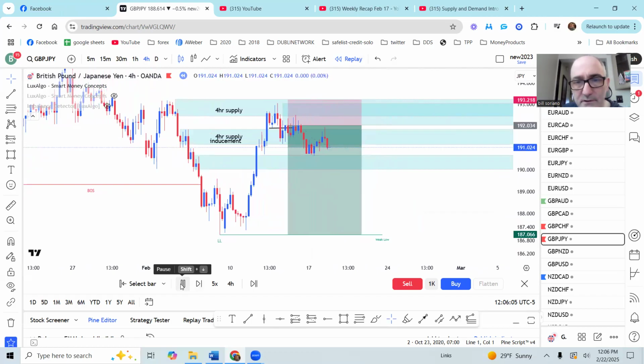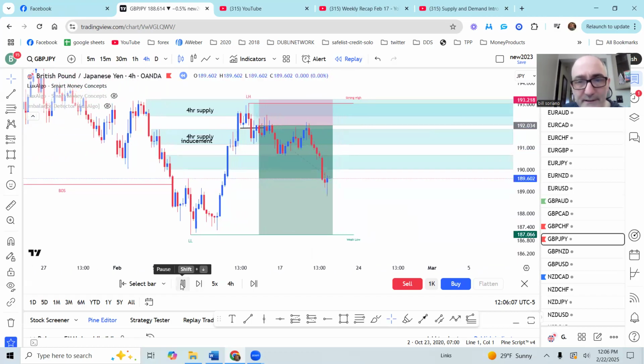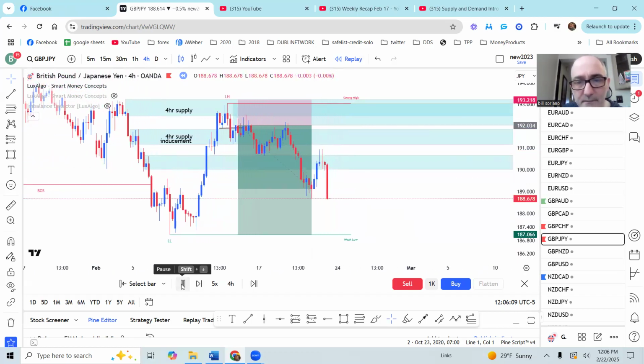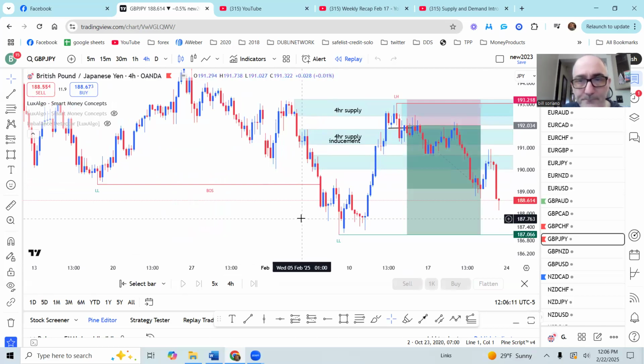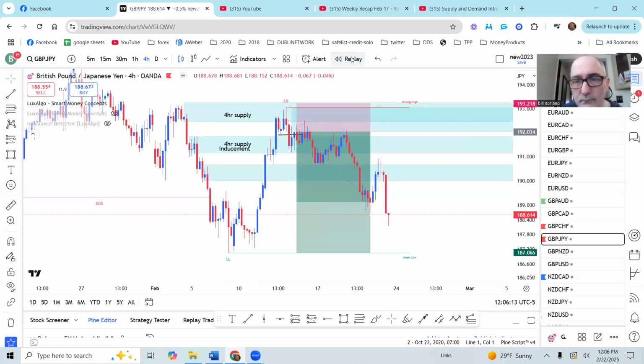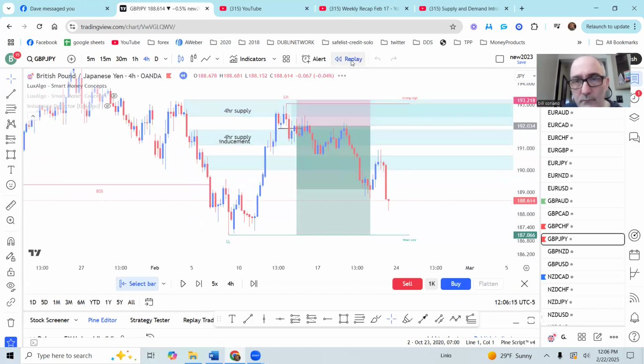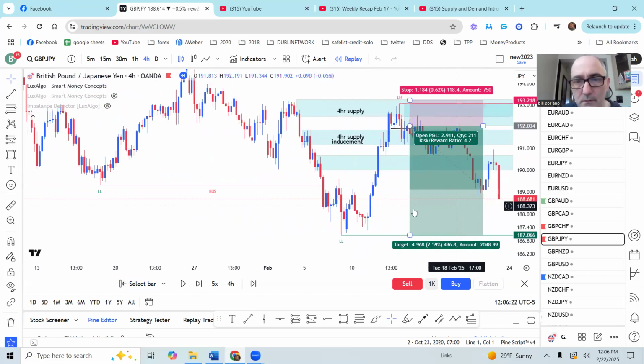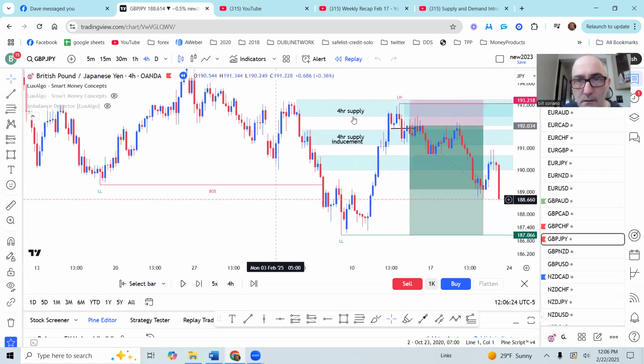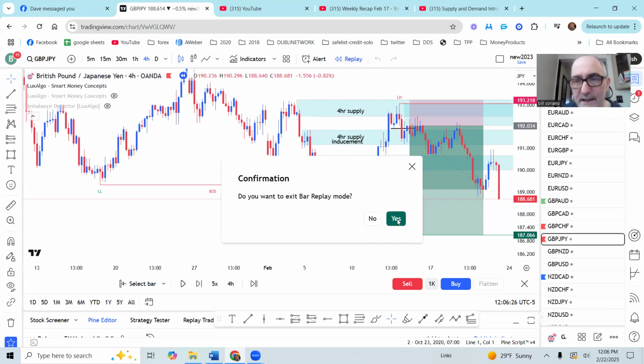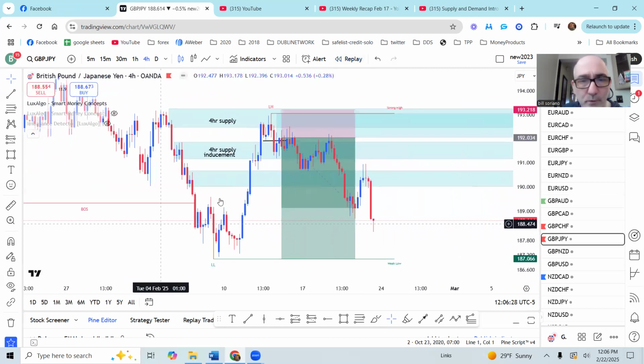Price starts moving away, comes back, we get another tap in, right? And then price moves away. And then this is what we're left with, right? Now, let's say that when price comes into our zone here, we want to drop down to the 1-hour time frame.